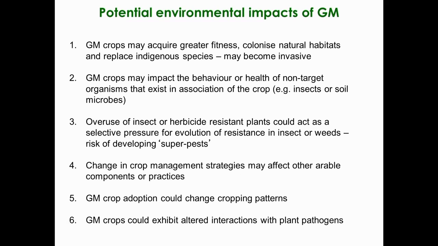And finally, it's possible that the genetic change that has taken place could make the crop an altered host to a plant pathogen. So, for example, the GM plant could more actively harbour a particular pathogen. Now, these are all hypothetical instances, which may or may not be true, and of course it will depend on the genetic trait that is engineered in these particular plants.